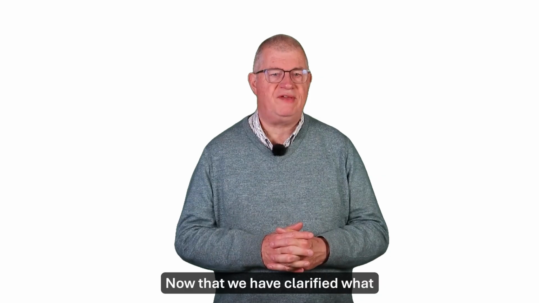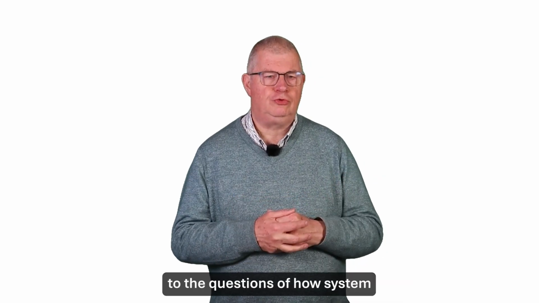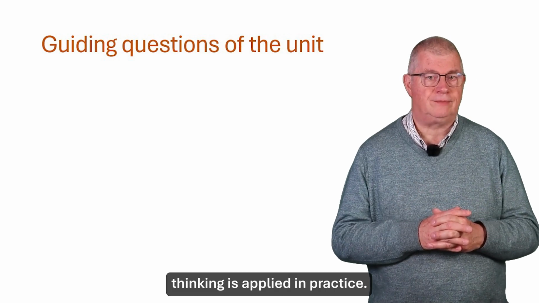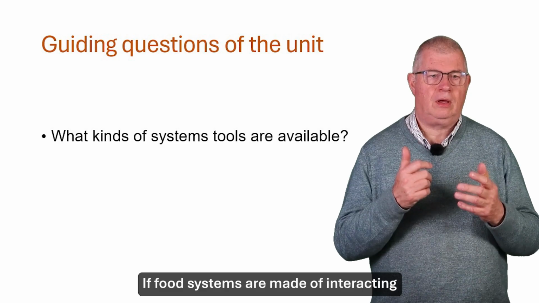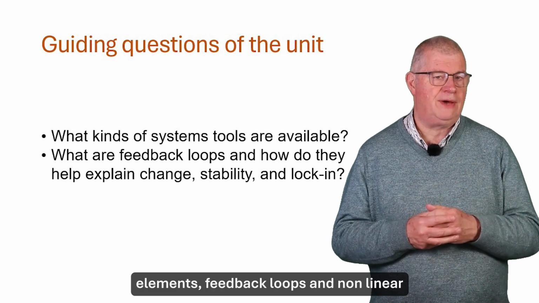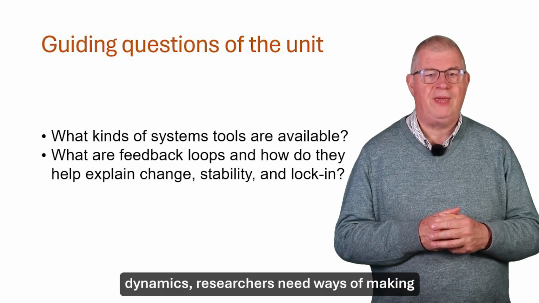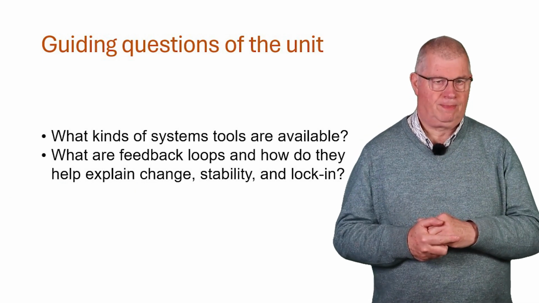Now that we have clarified what makes an approach systemic, we can turn to the question of how systems thinking is applied in practice. If food systems are made of interacting elements, feedback loops, and nonlinear dynamics, researchers need ways of making this relationship visible and analyzable.